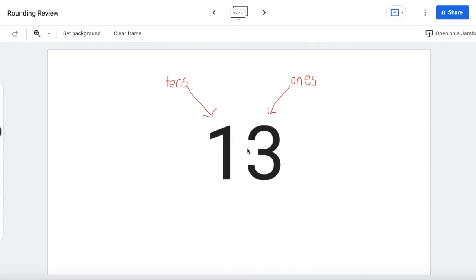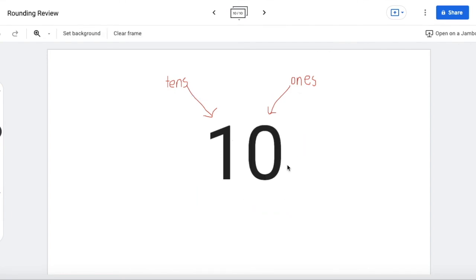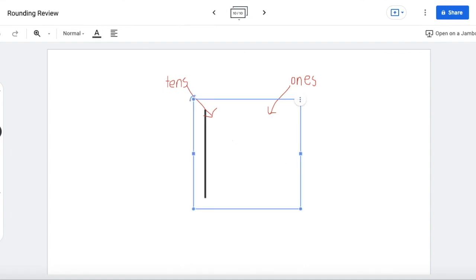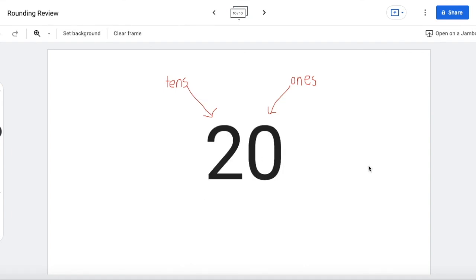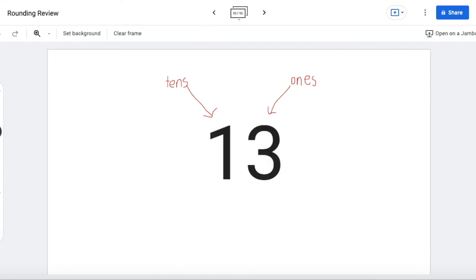Well, the 10 is the place value that we're either going to be changing or leaving the same. Our number's either going to round down to the number 10 or round up to the number 20. And that depends on the number we have in the next smallest place value, in this case, the ones. The number in the ones is 3, and just like we talked about with our rules, when it's 3, you round down. So this number, 13, will round down to the number 10.